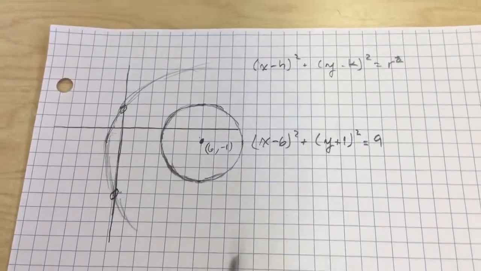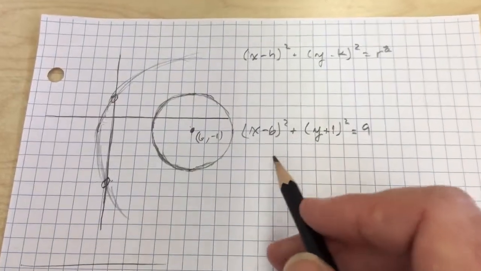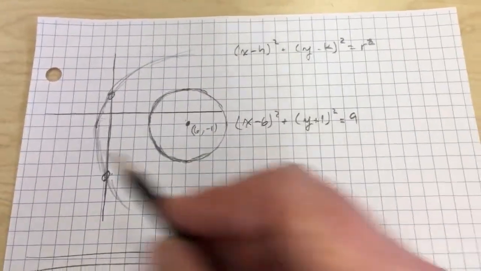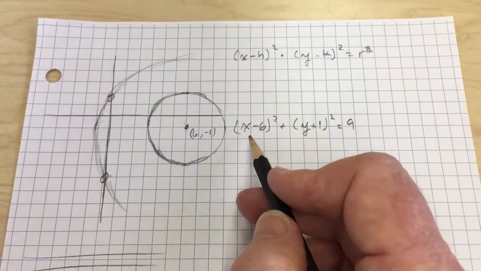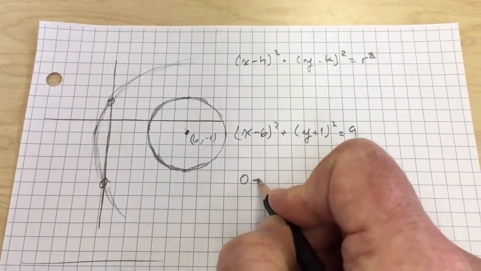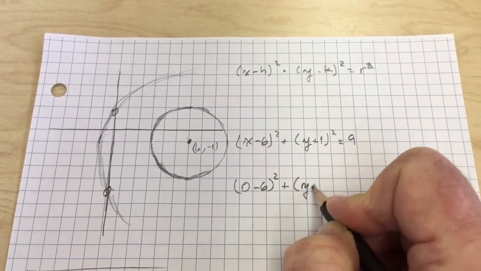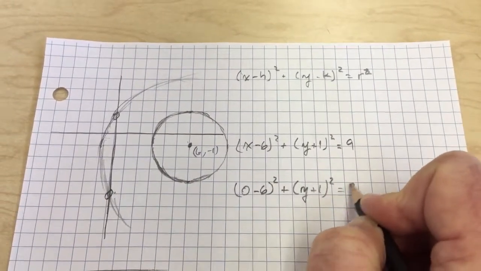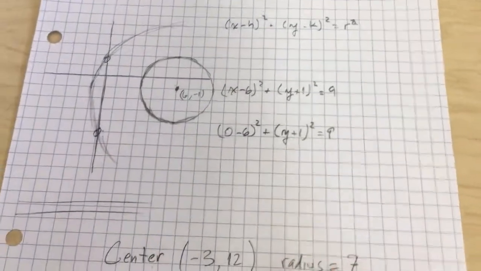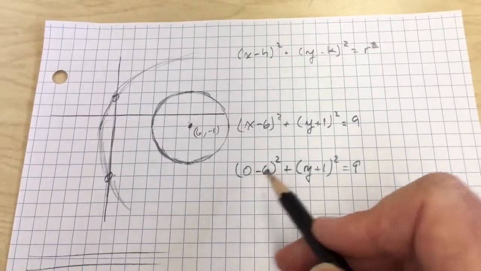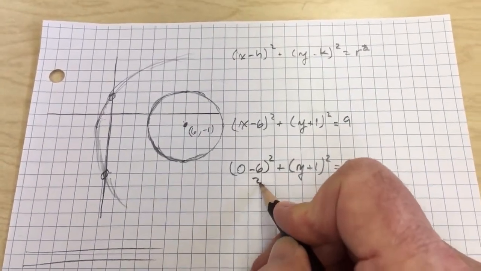There's 2 of them. Just like you would always find the y-intercept of a graph, you would put in 0 for x. So let's do that. 0 minus 6 squared plus y plus 1 squared equals 9, and we're going to solve it for y. You'll see that this is actually pretty easy. So that gives me 36, right?